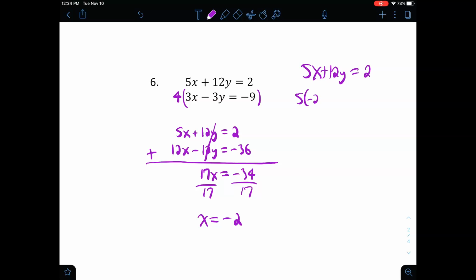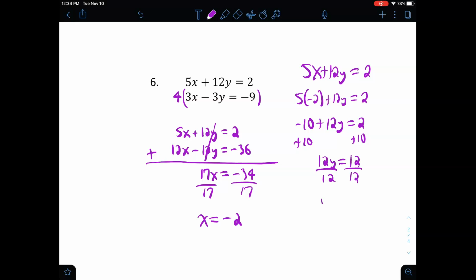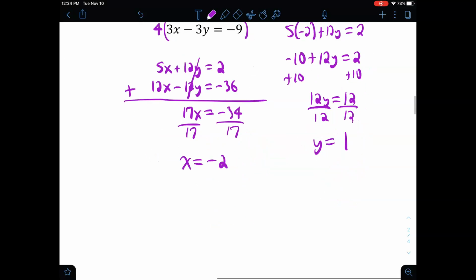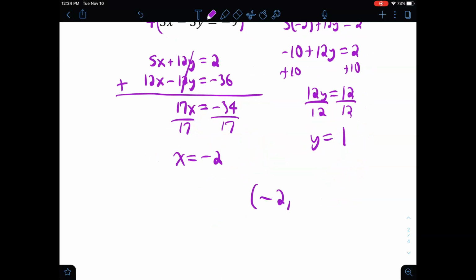We're going to do 5 times negative 2 plus 12y equals 2. 5 times negative 2 is negative 10. Plus 12y equals 2. Add 10. 12y equals 12. Divide by 12. y equals 1. So our final answer is going to be negative 2, 1.